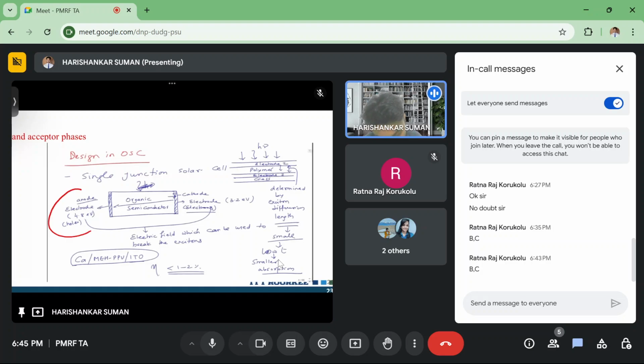Anode electrode on this side and cathode electrode, with band gaps of 3.2 eV and 4.2 eV. This is organic, so an electric field can be used to break the excitons in this organic solar cell.